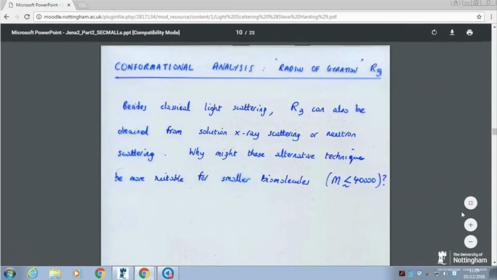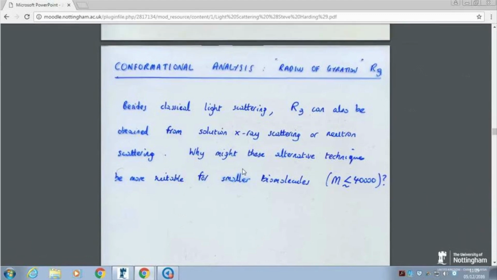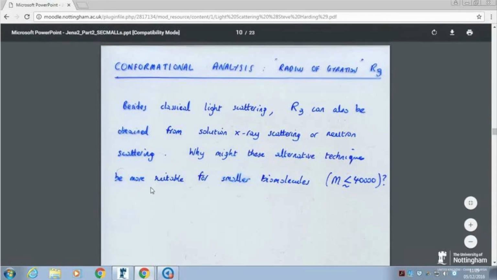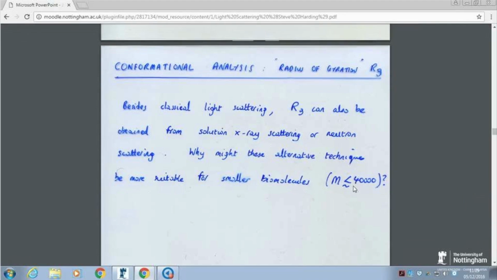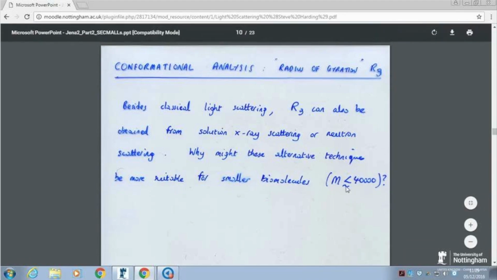Right, conformation analysis. The RG, which we get from the slope of the angular plot. So why might these alternative techniques, X-ray scattering and neutron scattering, be more suitable for smaller biomolecules, molecules less than 40,000? Well, I think less than 140,000 really. That's what we find.